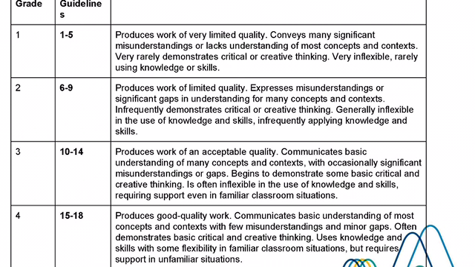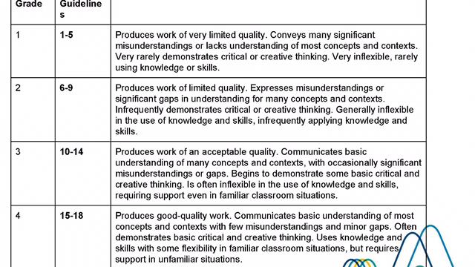So if we look at student X again, who got 8 points, we know that they're in this range here, and we can now read what that descriptor says about a level 2 and really focus on that.